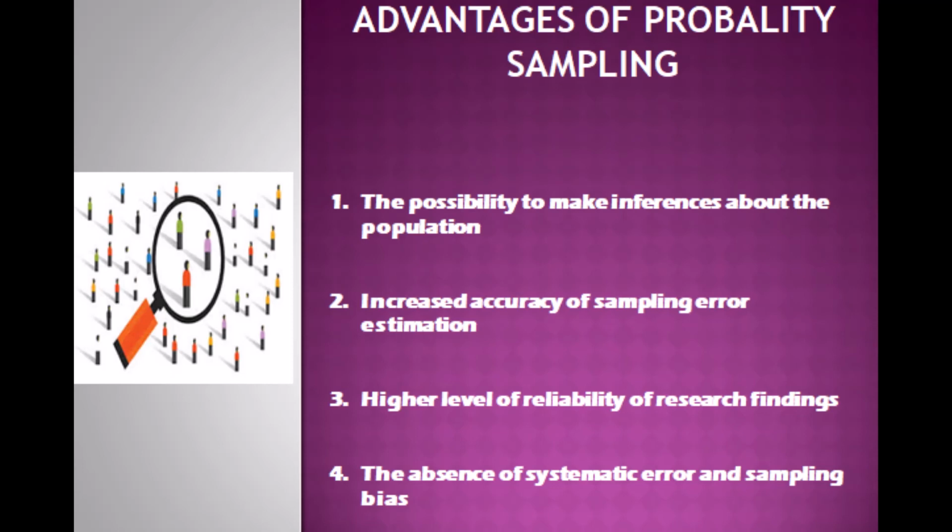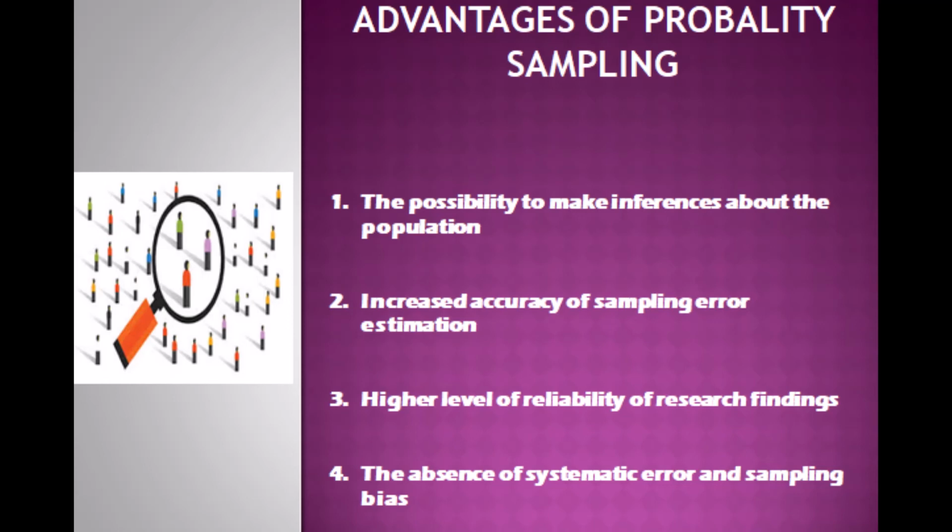The last but not the least advantage is that there is usually the absence of systematic error and sampling bias. Like I said, sampling bias is one key factor that could mislead us into taking wrong decisions.